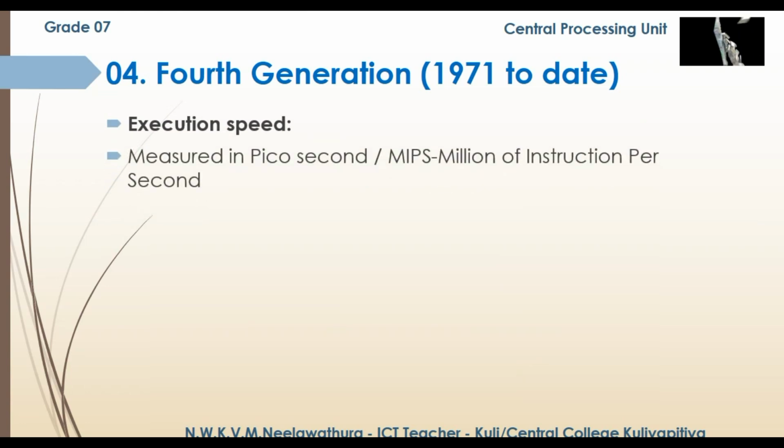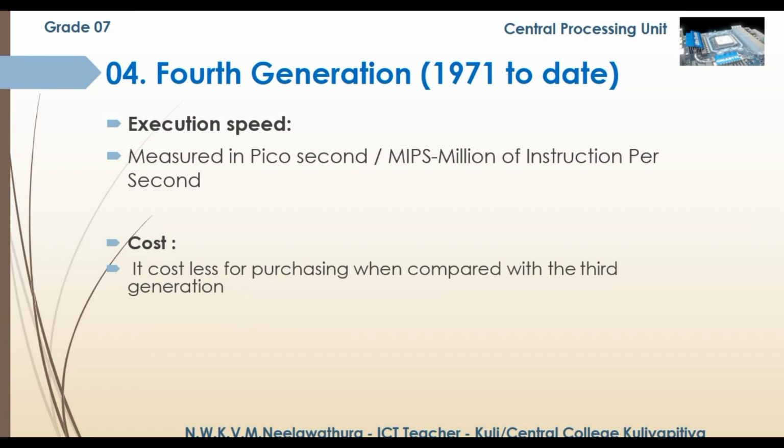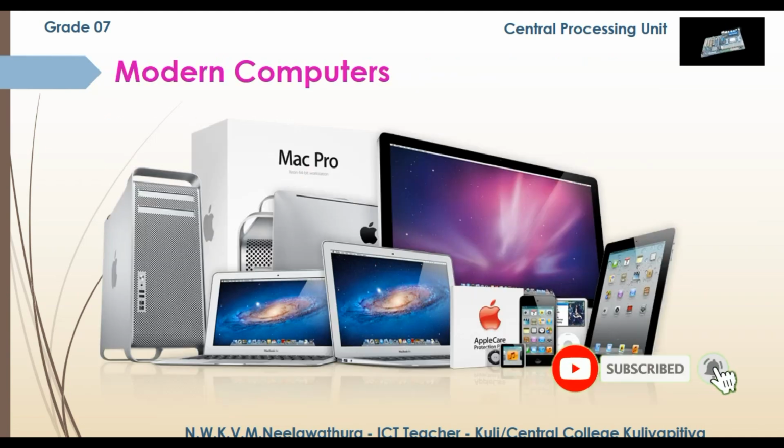Execution speed measured in picoseconds, MIPS, million instructions per second. Cost: it costs less for purchasing when compared with the third generation. Examples for fourth generation computers are modern computers.